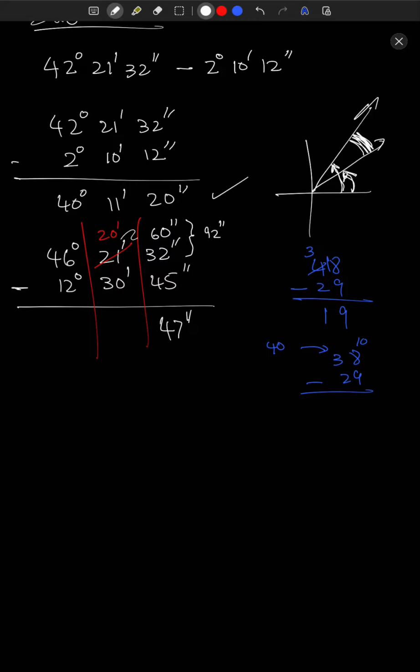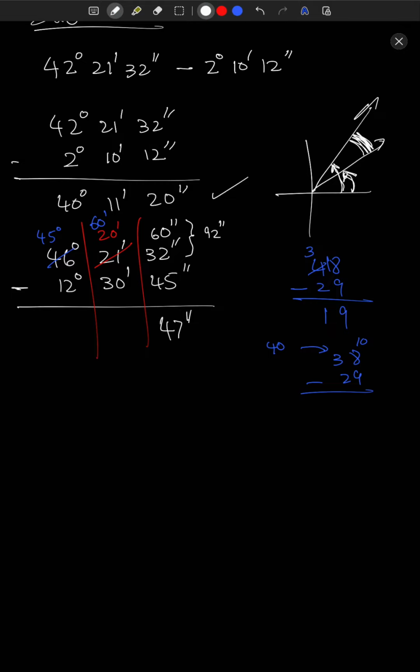Now for the minutes column, same idea, right? 20 minutes minus 30 minutes. Let's say we don't like to work with negative numbers. Then in that case, we're going to borrow 1 degree, right? So we borrow 1 degree from here, and we give it to the middle column, but 1 degree is equal to 60 minutes. So that 1 degree that we borrowed is now 60 minutes here. All right.